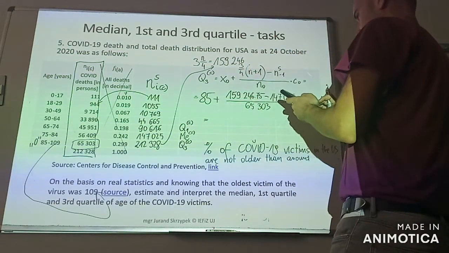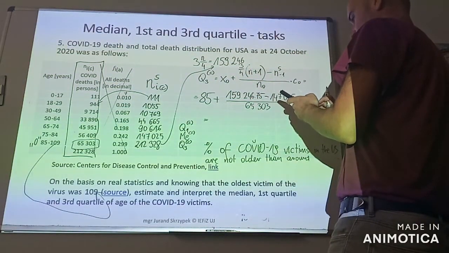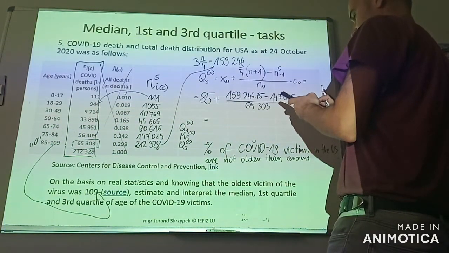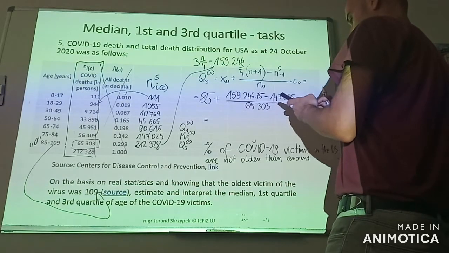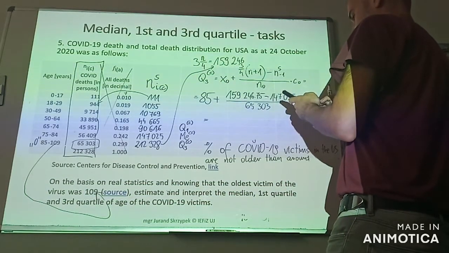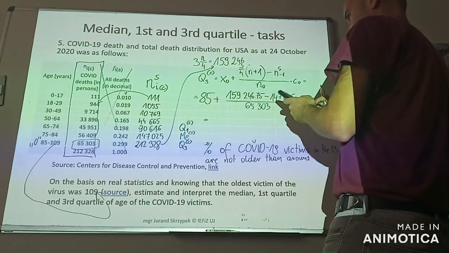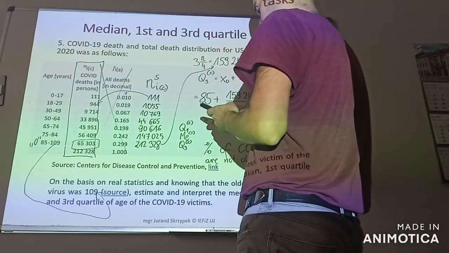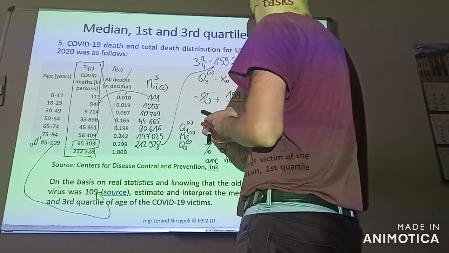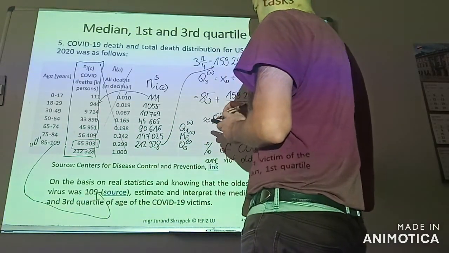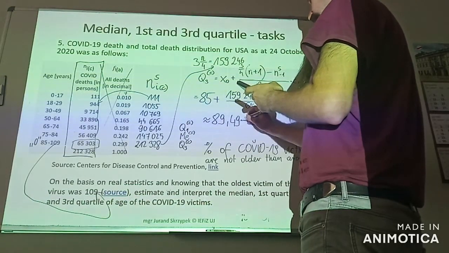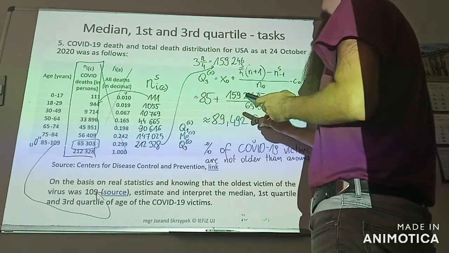Minus 147,025, yeah, divided by 65,303, multiplied by 24, and plus 85. And we have what? 89, of course, approximately 89.492 years.